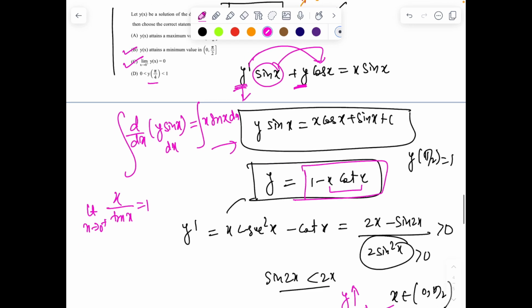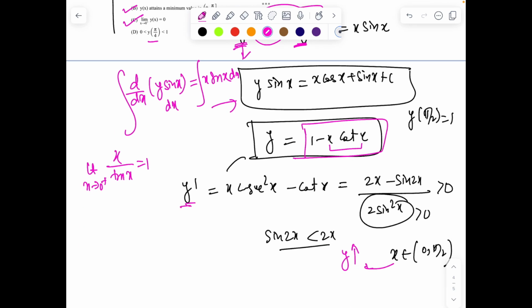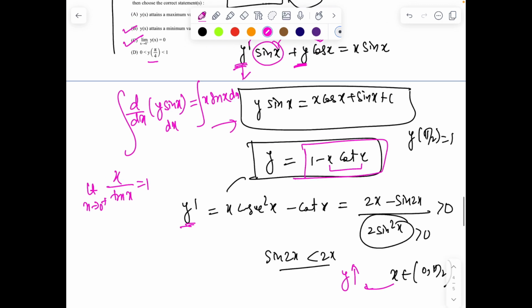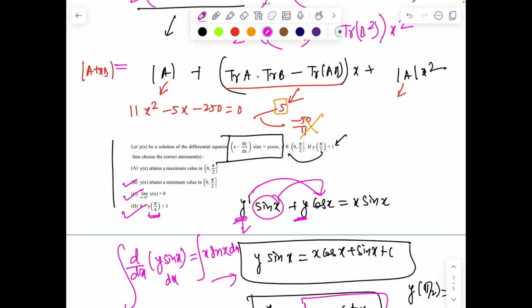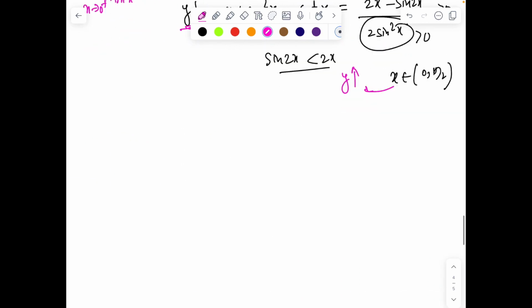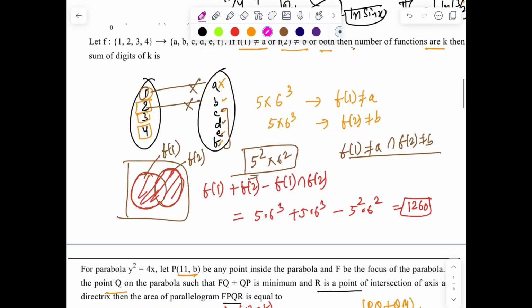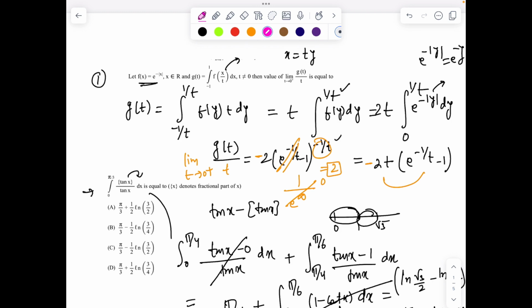Option D is y of pi by 4 lying from 0 to 1. From the minimum and maximum we have clearly shown in 0 to pi by 2, so this value is also correct. So hence we have the answer to this problem. I hope you enjoyed this session and how beautifully we have solved all problems.